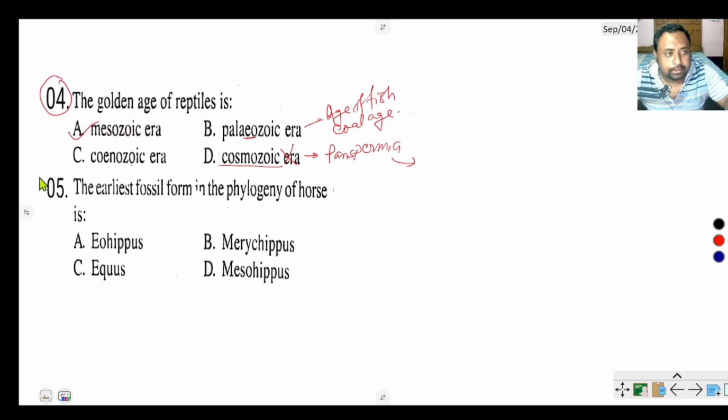Question number 5 says the earliest fossil formed in the phylogeny of the horse is.